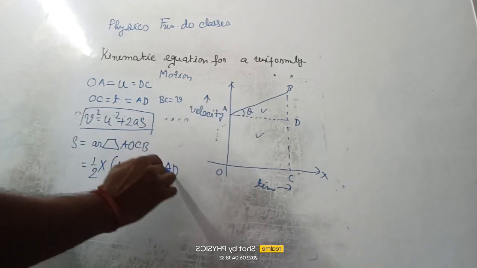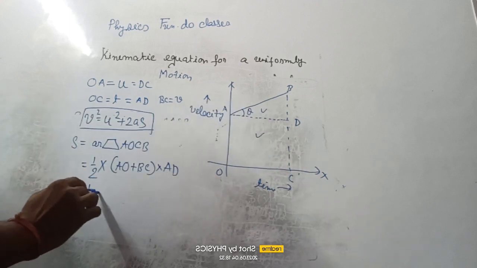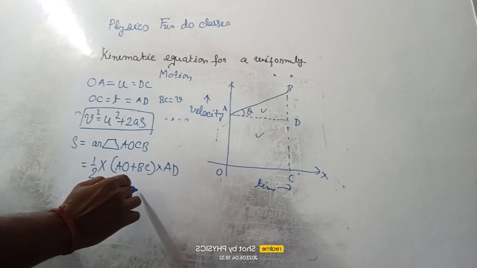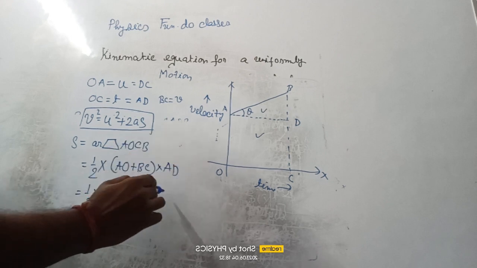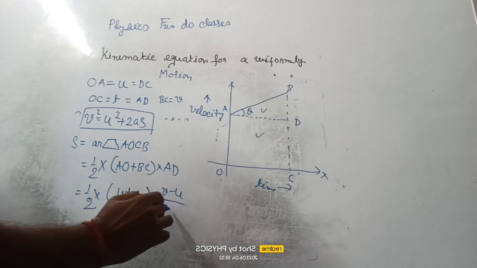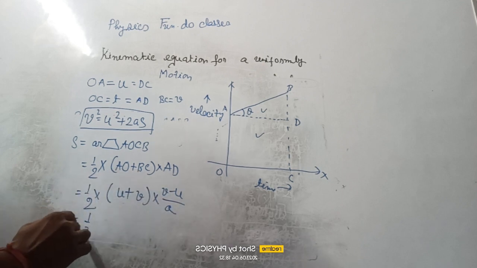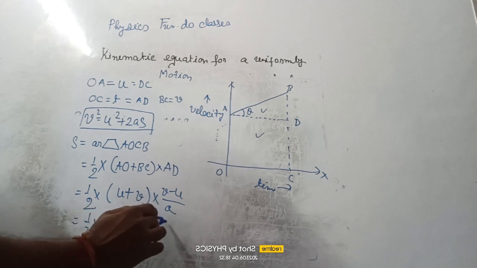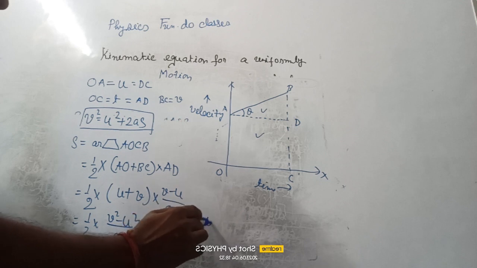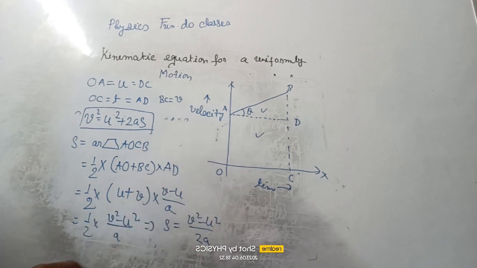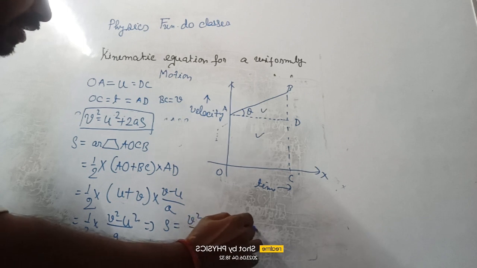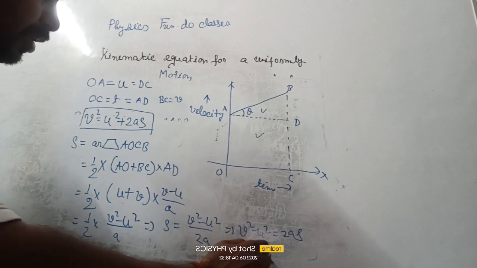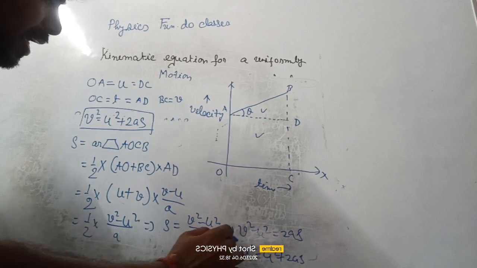That is half into u plus v, and AD equals the time, so we can write v minus u by a. We have half v square minus u square by a. So s is equal to v square minus u square by 2a. So v square minus u square equals 2as, that is v square equals u square plus 2as.